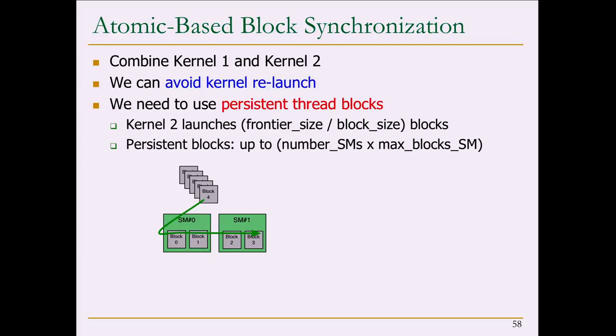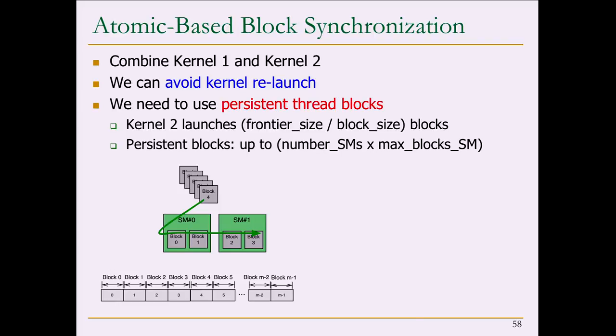It's the thread block scheduler who takes care of that. So this is our entire frontier. Observe that in order to process the entire frontier, we need M thread blocks. So we first launch thread blocks 0, 1, 2, 3, and when they finish, 4, 5, 6, and so on.